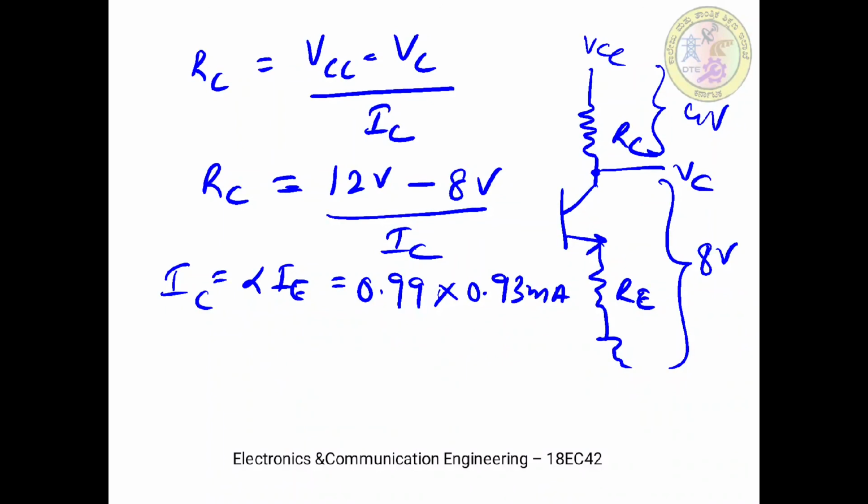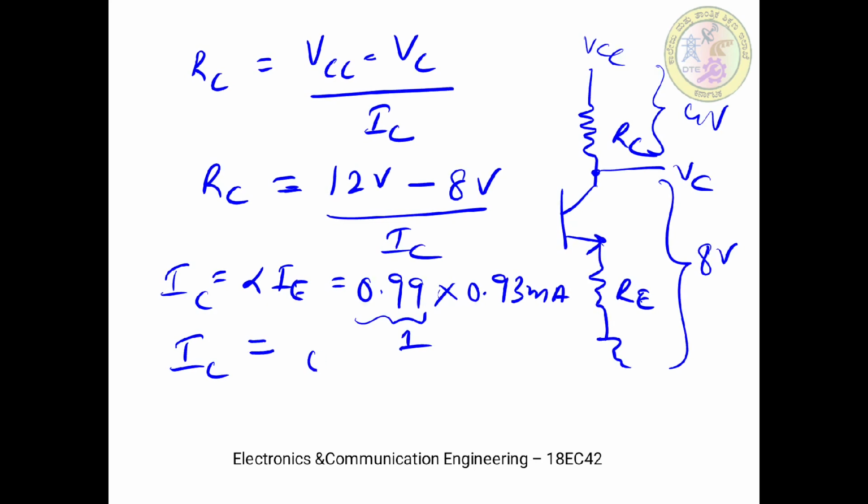Okay, so from this we can write the total collector current value. First we have to find out the collector current IC. This 0.99 we can approximately write as 1.